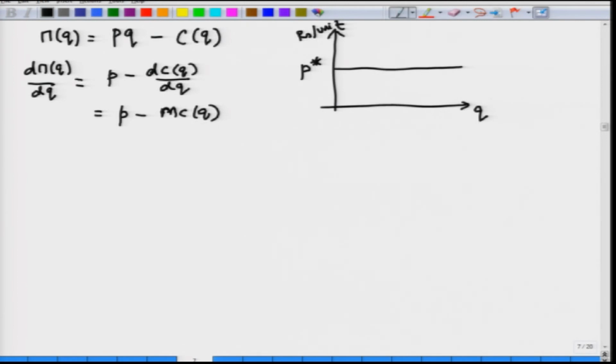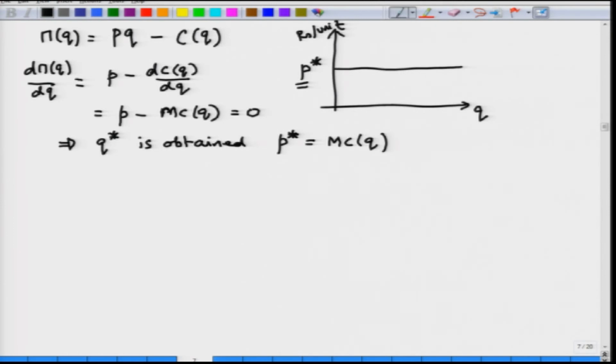And a necessary condition for the Q to be maximizing the profit is that this derivative be equal to 0. So, necessarily the output Q star is obtained from the condition that the price, which is P star, must be equal to the marginal cost.